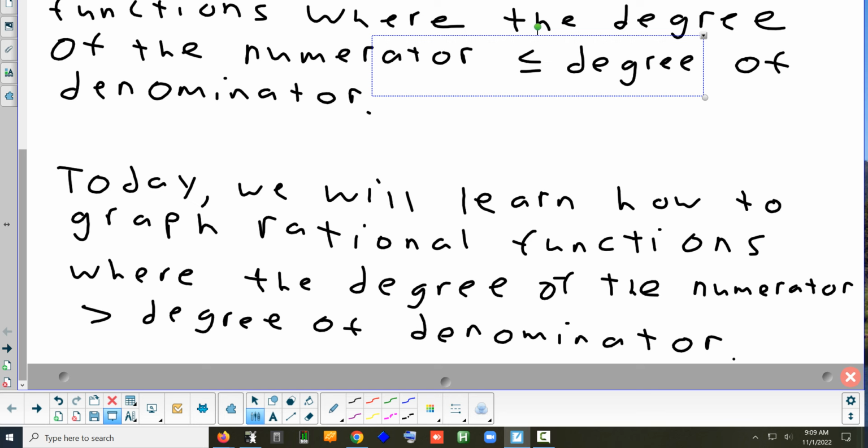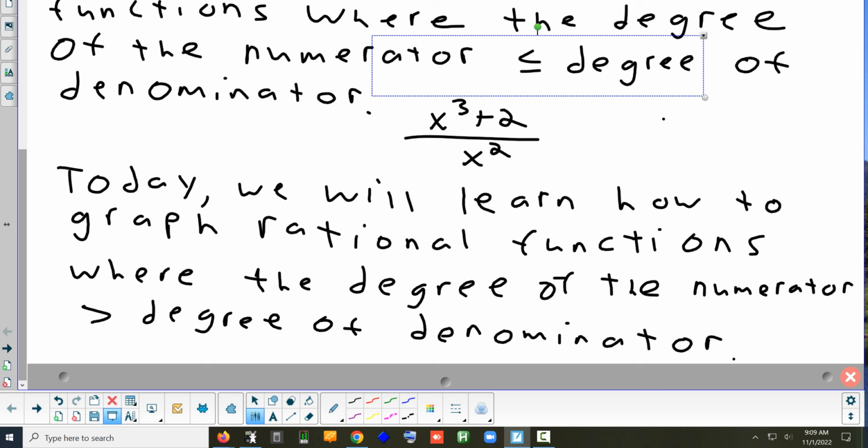So what can happen when it's greater? Well, it depends on how much greater it is. If you had something like x cubed plus 2 divided by x squared, the degree in the top is greater, but it's only greater by 1. So that's not too bad.